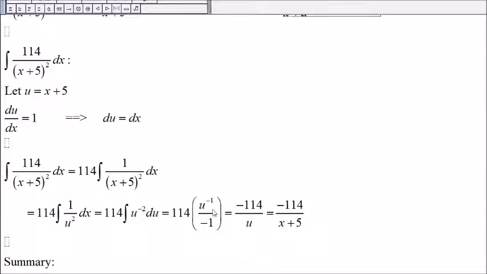The antiderivative is u to the negative 1 divided by negative 1. And so we get 114 times negative 1 is negative 114, times u to the negative 1. If we move it to the denominator, then it becomes u to the first. But u is x plus 5. So the answer is negative 114 over x plus 5.